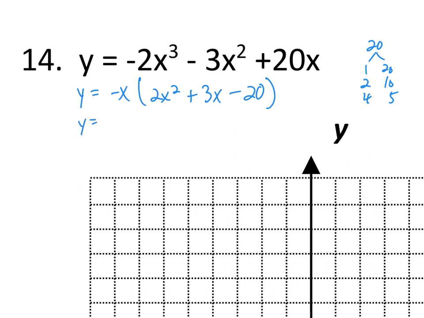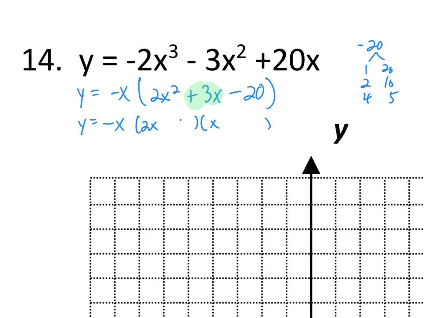So if we factor this thing, we've got 2x and x to get us 2x squared. And then for negative 20, I know I'm going to have one positive and one negative. I'm going to work with 4 and 5. I think that's it, because I need to get plus 3x in the middle, and chances are you want something that's fairly close together.